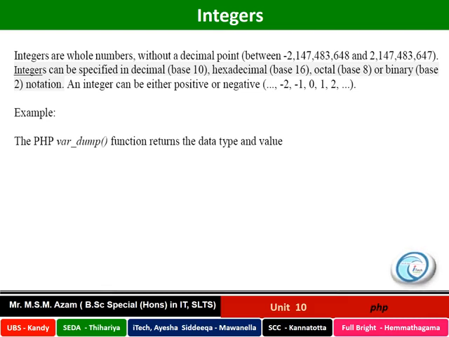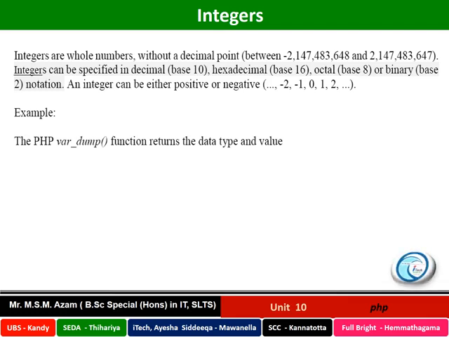An integer can be either positive or negative. For example, -2, -1, 0, 1, 2. These are examples of integer values.